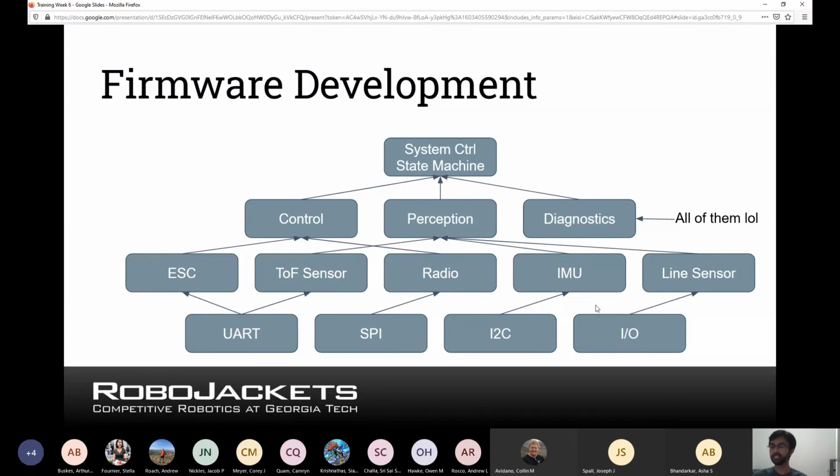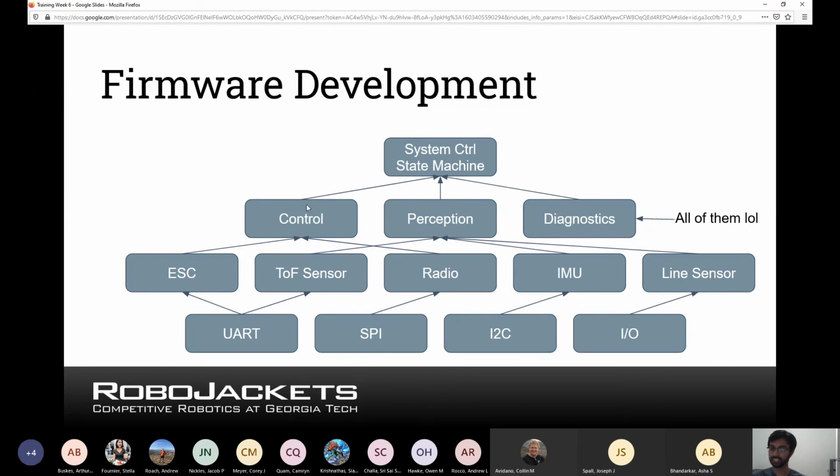And these different peripherals can be used for different functions, such as the UART is used for both the ESC and the time of flight sensor, which necessitates the use of the multiplexers as mentioned before. The radio communicates with SPI, the IMU communicates with I2C, and the line sensor just uses digital and analog IOs, very basic.